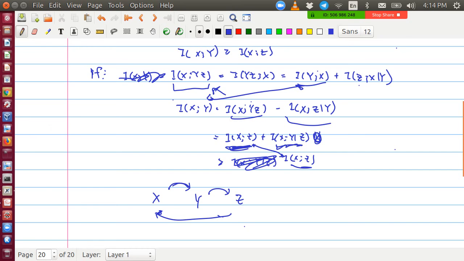If you look at the dependency between X and Y and the dependency between X and Z, the dependency between X and Z is smaller than the dependency between X and Y. So this actually has some interesting practical arguments.